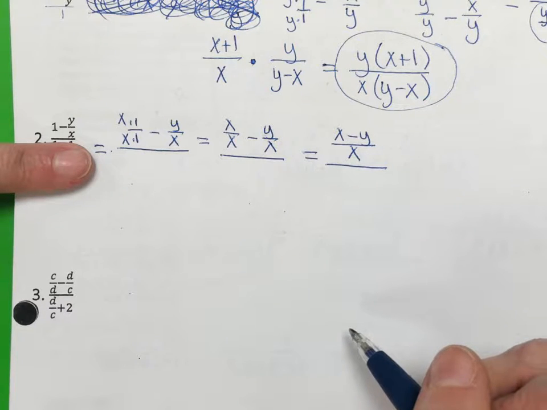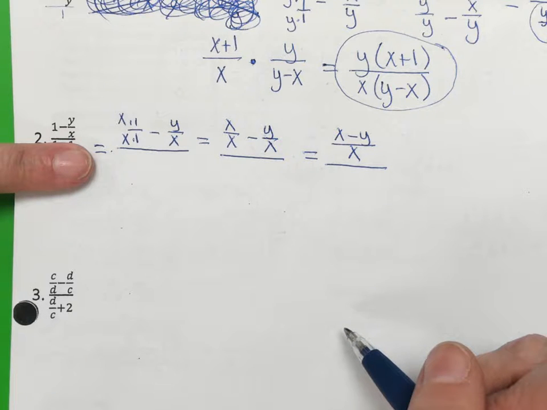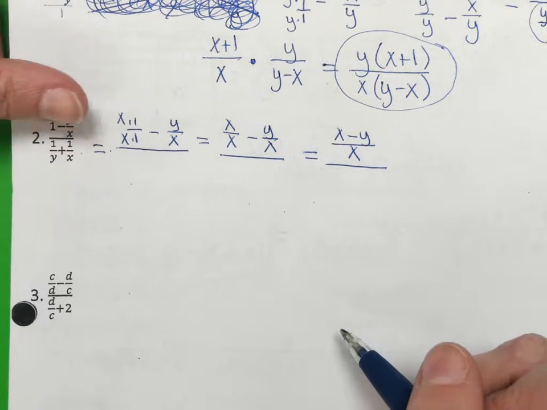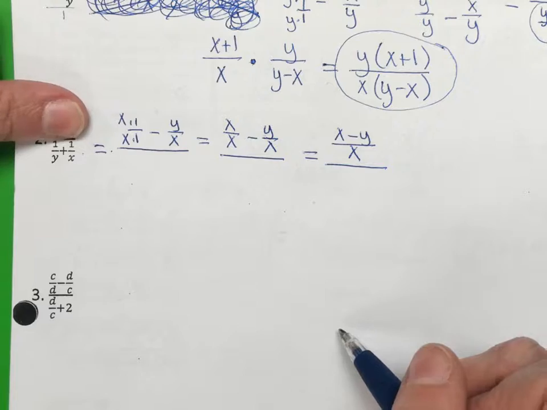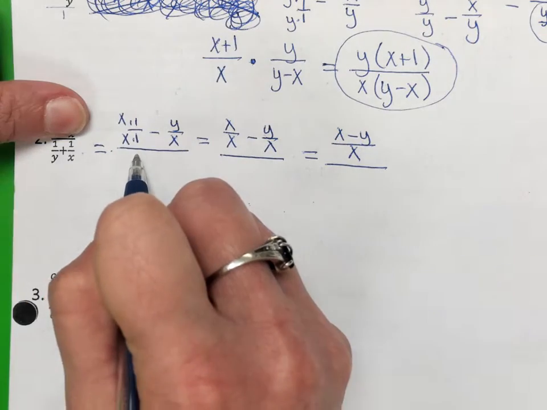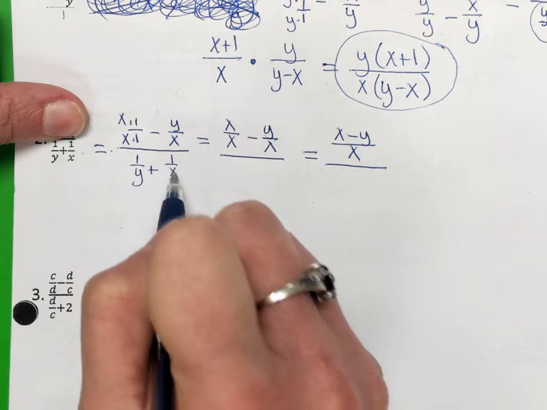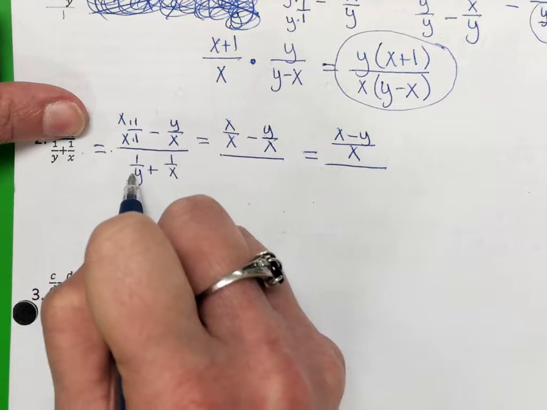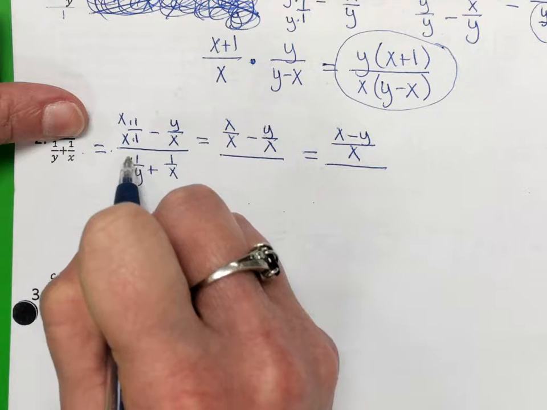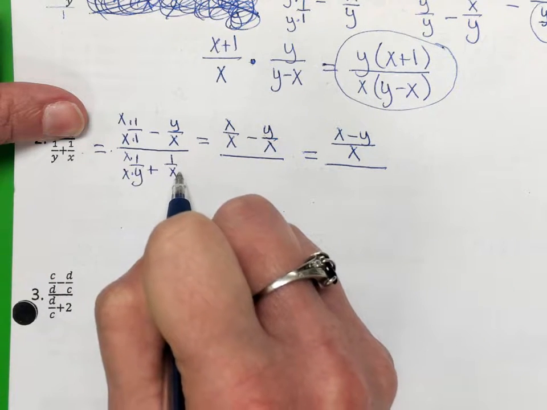Y'all okay so far? Okay, pretend like the top's not there. Ooh, those are already fractions, right? So what could I do to make those become the same? Multiply by x on the first one, and by what on the last one?